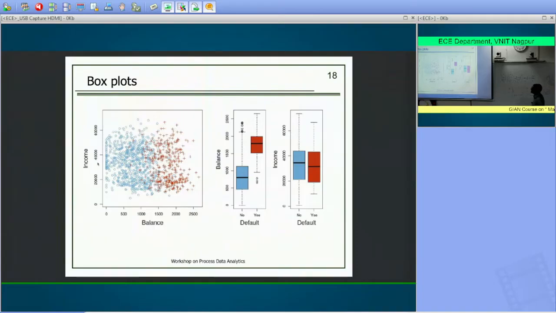But you can translate that into what are called box plots, where you have whether a person has defaulted or not on the x-axis, no or yes, and then this box represents the variance in the credit card balances of those who defaulted and those who did not default.